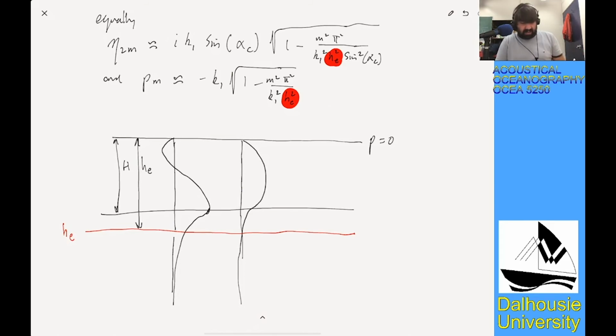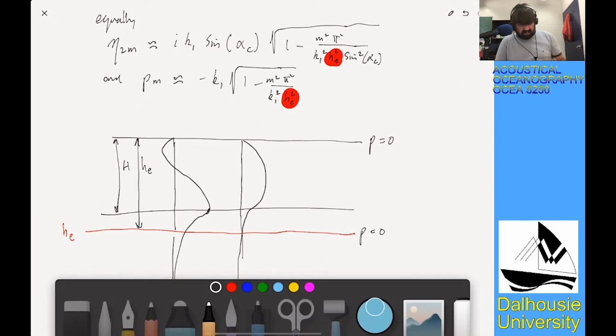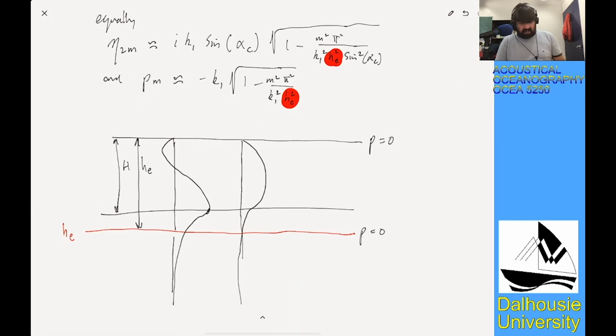With the idealized waveguide, we just had things that oscillate between two pressure release boundaries. So the idea with effective depth here is that basically we're saying, well, this is a depth at which P equals 0, essentially. And since we really care about what the solution looks like in the water column, well, why don't we just say, if we have this kind of P equals 0 effective depth to first order, now this is pretty badly drawn here, but we can say, well, we have this approximate solution.